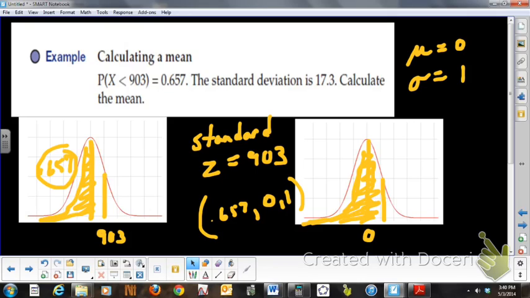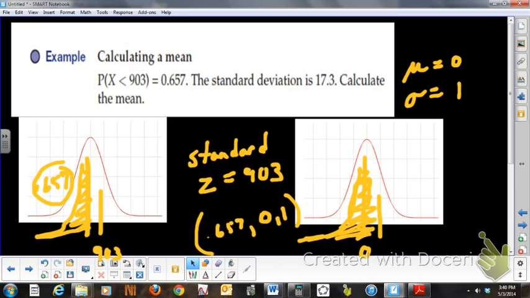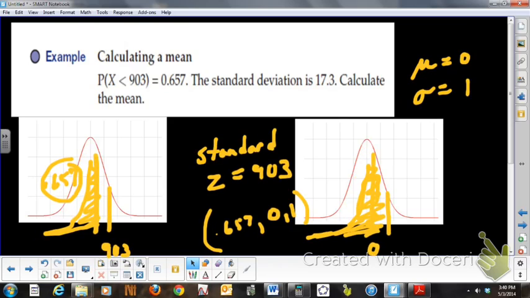When we execute that, you can put it into your calculator and see, you get an answer of 0.404 or something like that. That 0.404 is how many standard deviations above the mean the 903 actually is.